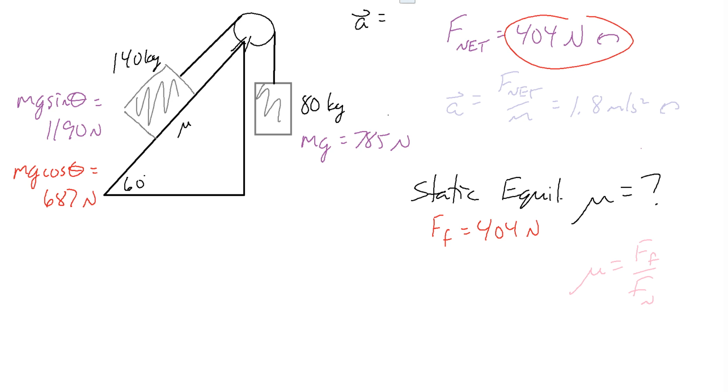So I know my friction by figuring out how much force is required to keep it from moving. That was 404. I've got my 687, which I can just calculate directly because I've got the mass and the angle and everything like that. So then all I have to do is divide those two forces out, and my coefficient of friction would have to be about 0.59, and that would keep this thing in perfect equilibrium. Okay, so that is that question right there.